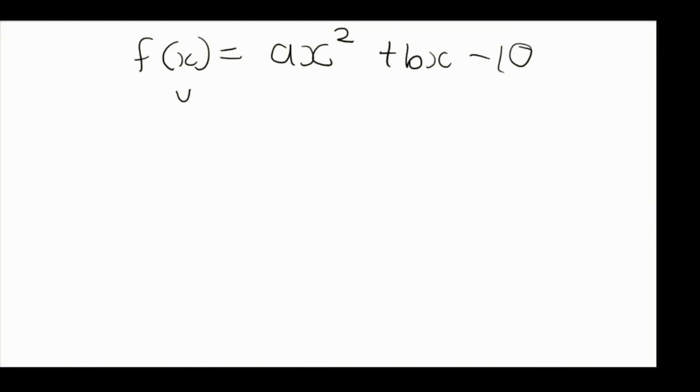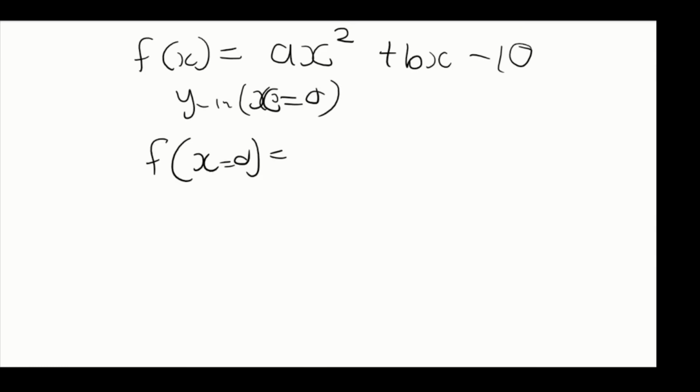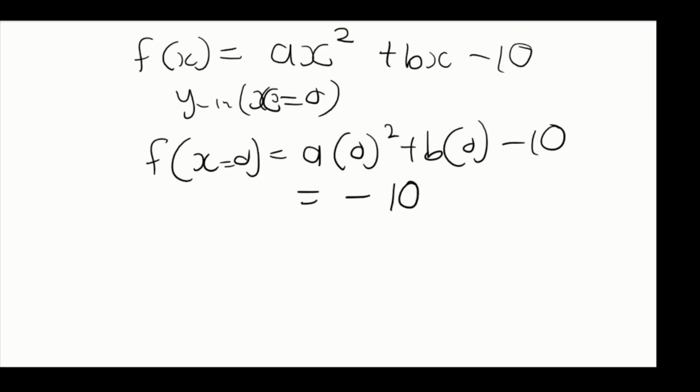So to find the y-intercept, when x is equal to 0, we're going to say f of 0 is equal to a times 0 squared plus b times 0 minus 10. So the answer here would be minus 10. So the coordinates would be 0 and minus 10.